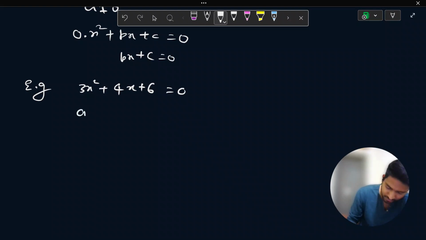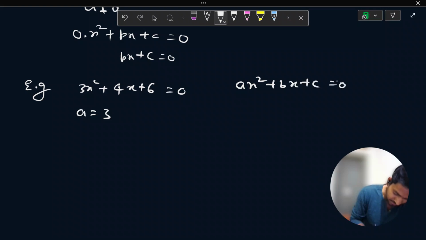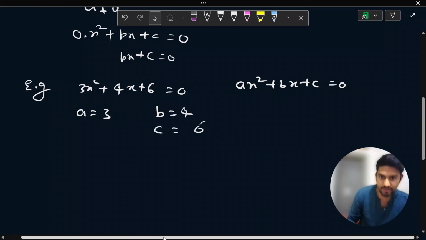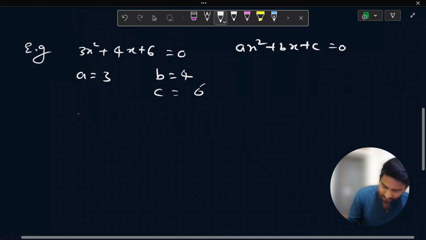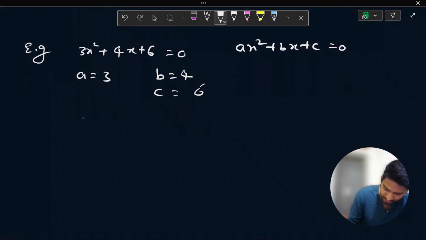You have to compare it with the general equation ax square plus bx plus c equal to 0. So you will find that a is equal to 3, b is equal to 4, and c is equal to 6.